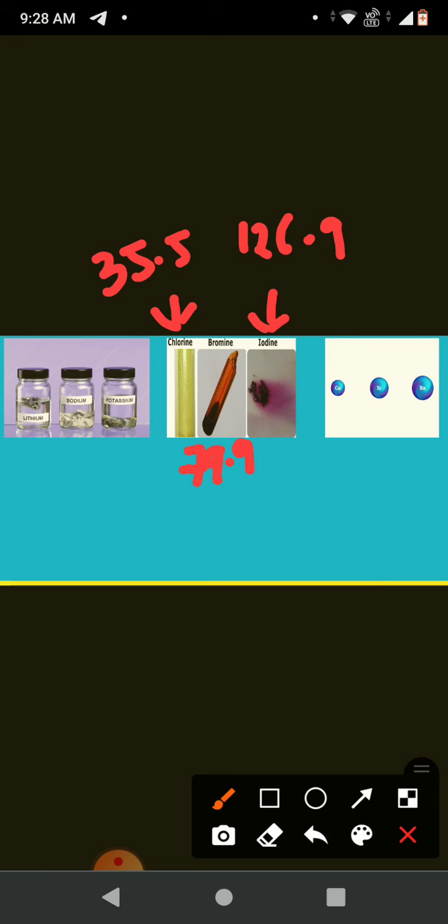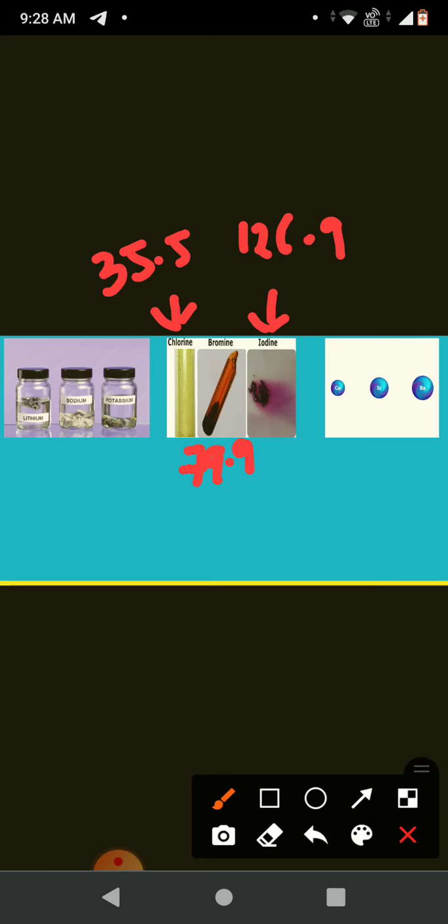As you can see, chlorine has the least atomic mass in this group, then bromine's mass is greater than chlorine, and then iodine's mass is greater than bromine. So according to him, the atomic mass of the middle element, bromine, will be equal to the mean of the atomic masses of the first and third element.